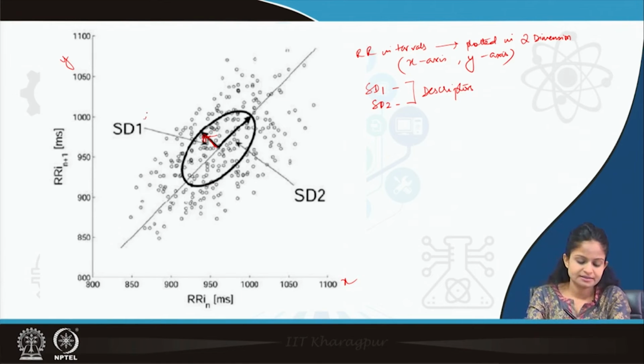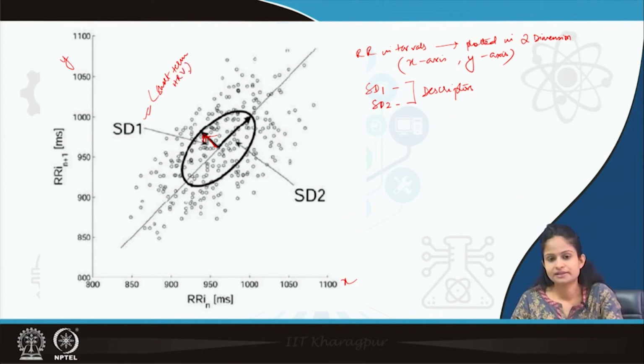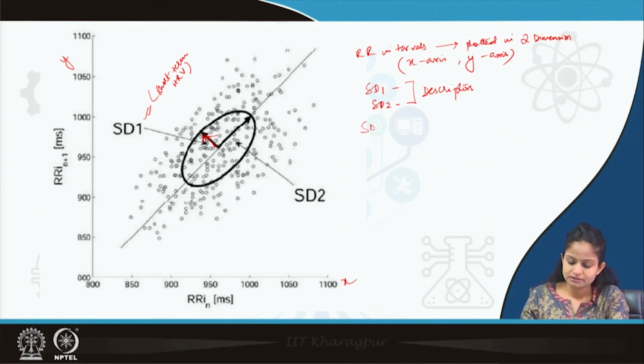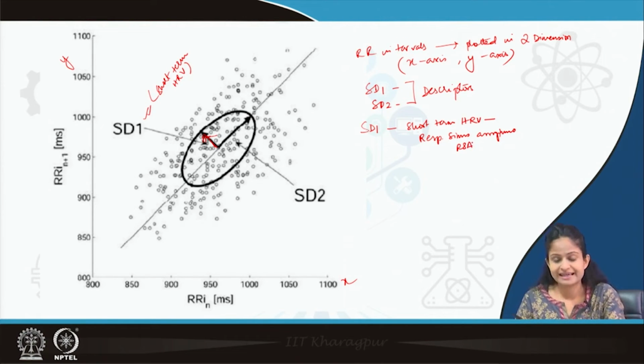This is SD1, which denotes short term HRV. So, SD1 is short term HRV, which is nothing but respiratory sinus arrhythmia, RSA, and the point of dispersion which is lying parallel to the line of identity, that is SD2.